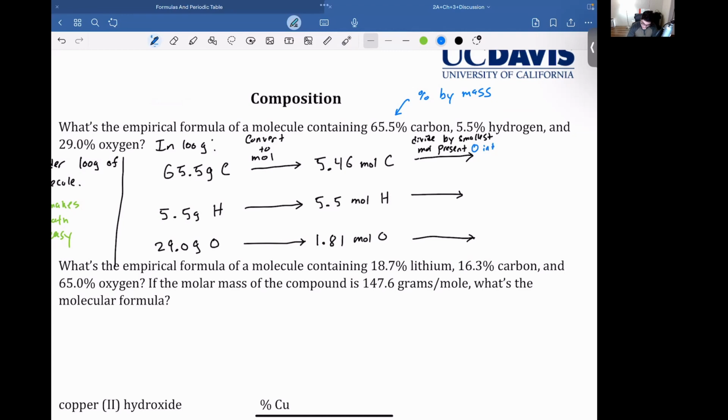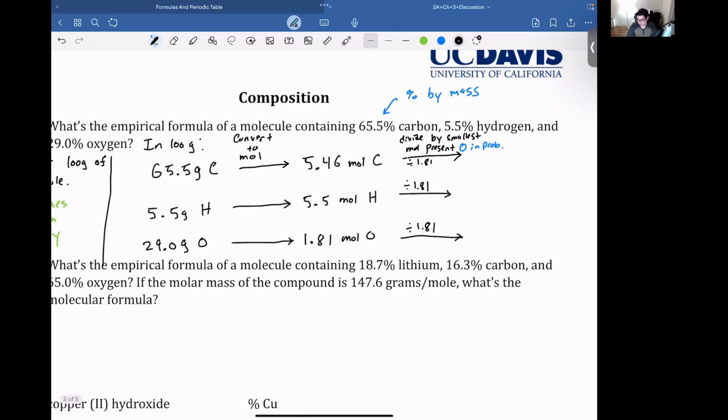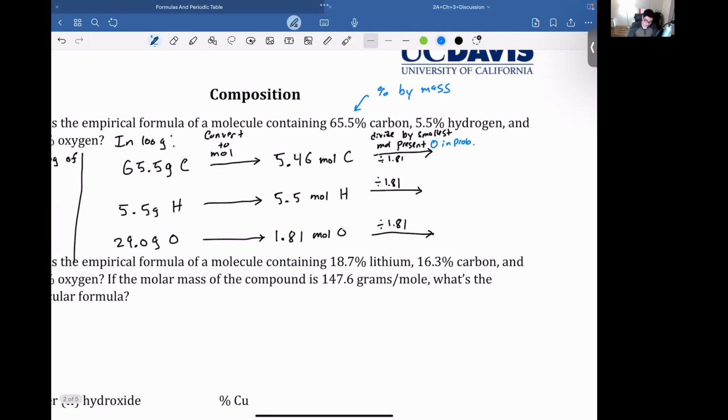So you're dividing by 1.81, 1.81, 1.81, and then you get some numbers. So 5.46, and these are going to be approximate numbers.